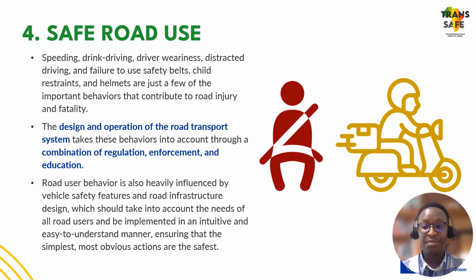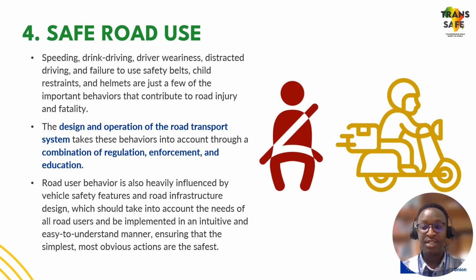It is therefore important that the design and operation of the road transport system takes these behaviors into account through a combination of regulation, enforcement, and education. The risks brought about by road user behavior can be mitigated through the adaptation and implementation of appropriate legislation.